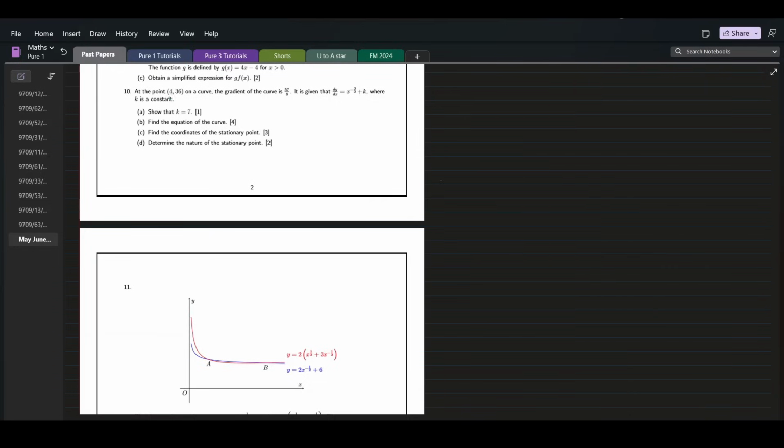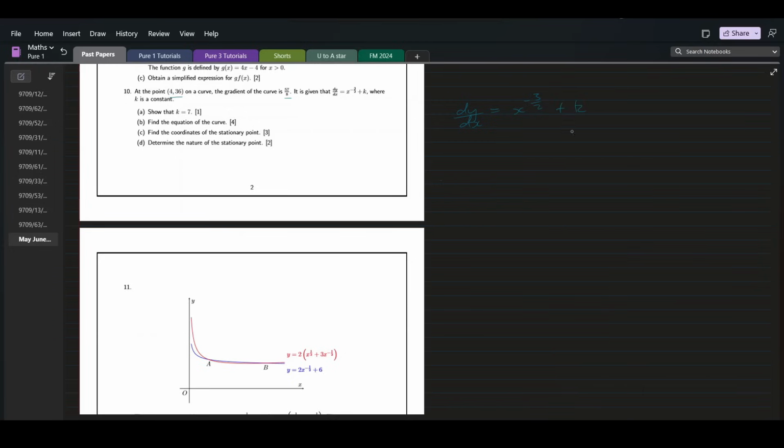At the point (4, 36) on a curve, the gradient of the curve is 57 over 8. It is given that dy/dx is equal to x to the negative 3 over 2 plus k, where k is a constant. Part A, show that k is equal to 7. Okay, we are given that the gradient function dy/dx is equal to x to the negative 3 over 2 plus k.